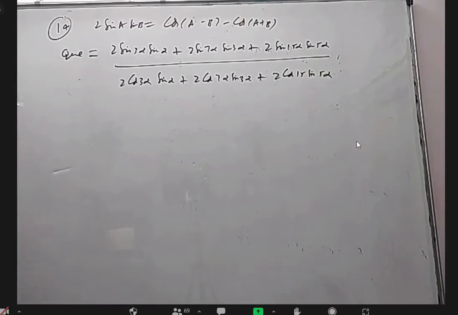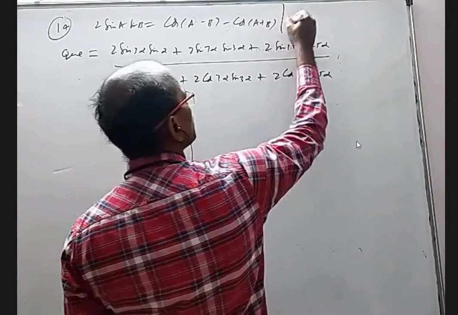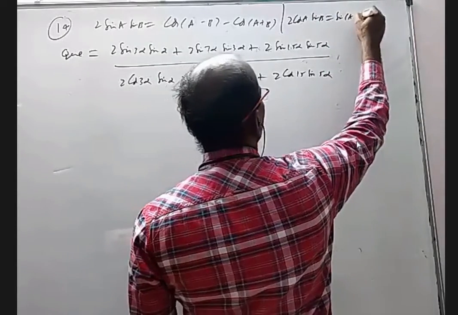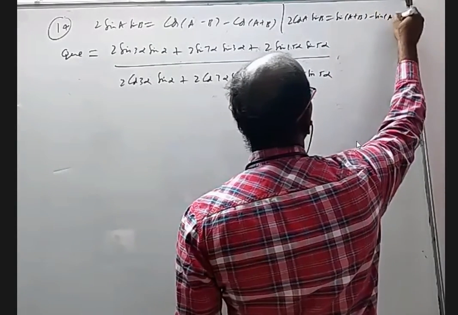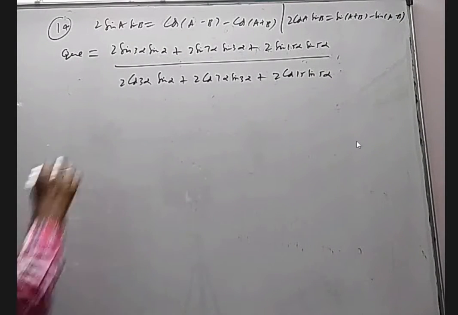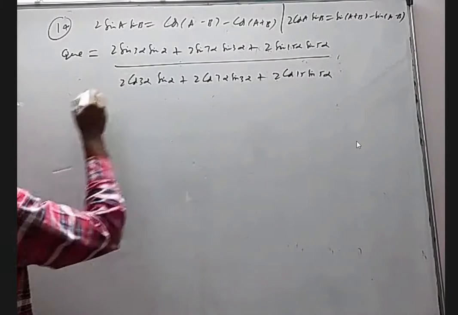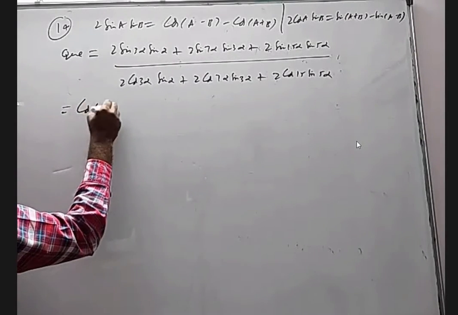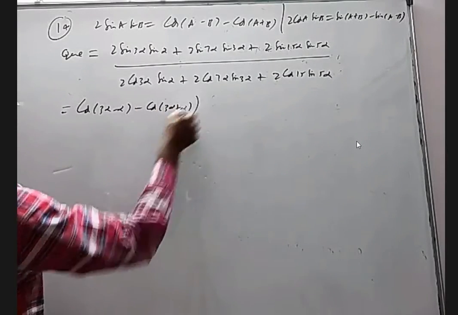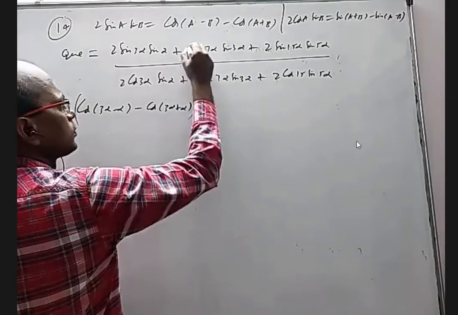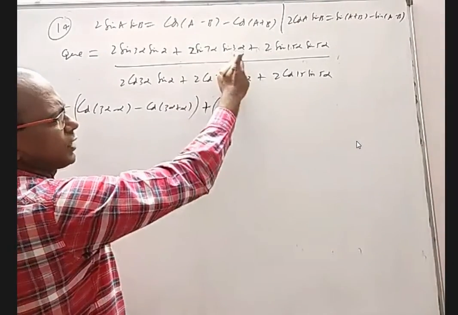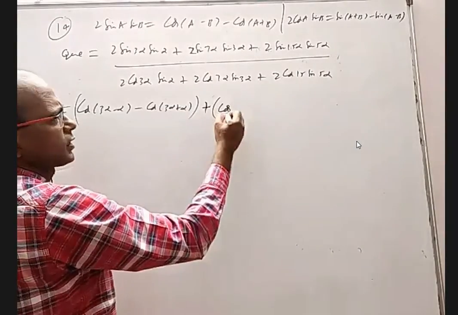Okay. So, of course, I will be using another formula. 2 cos A sin B is sin (A plus B) minus sin (A minus B). So first of all, 2 sin A sin B based on this, it is cos (3 alpha minus alpha) minus cos (3 alpha plus alpha). Again 2 sin A sin B. I took bigger angle as A, smaller angle as B, just for convenience, but you can take it the other way.